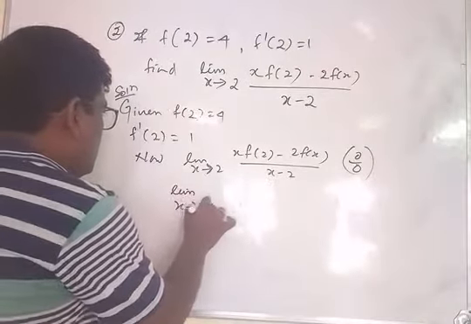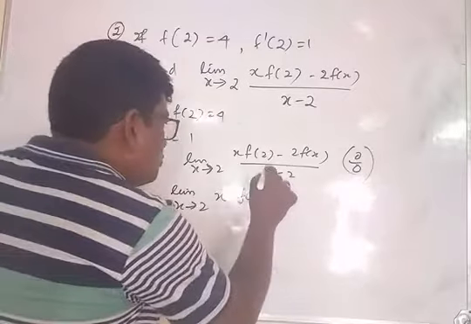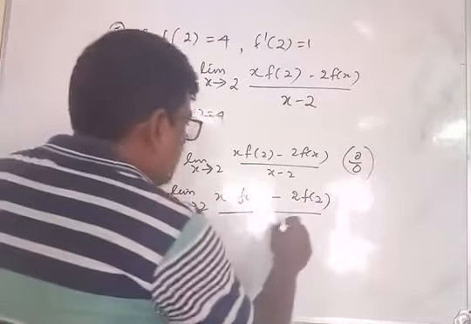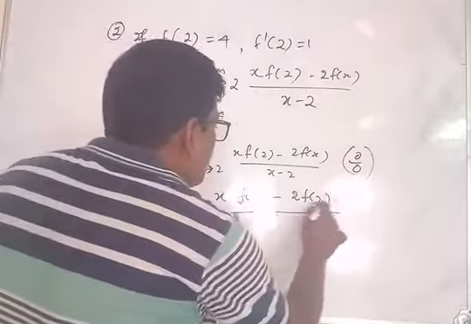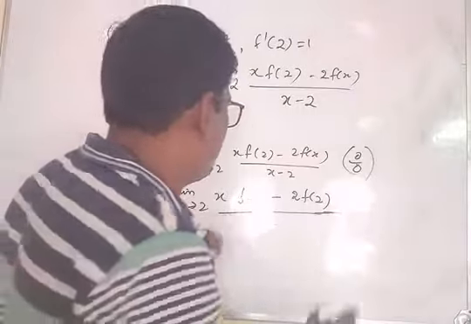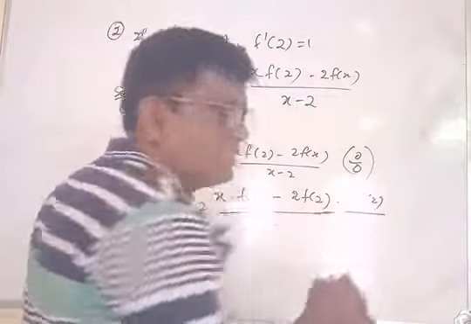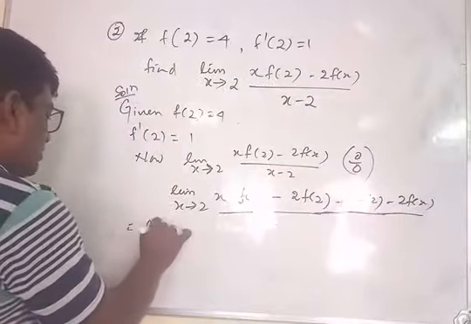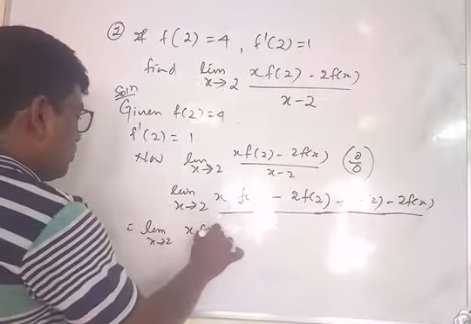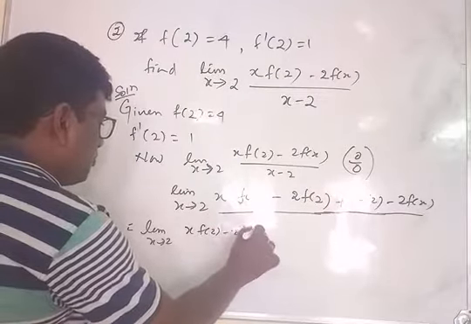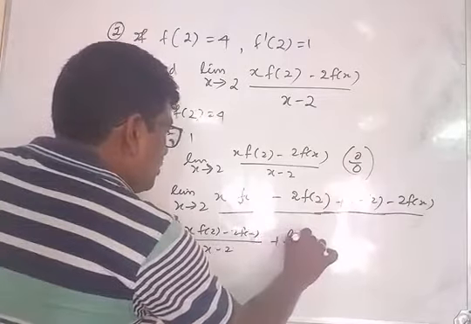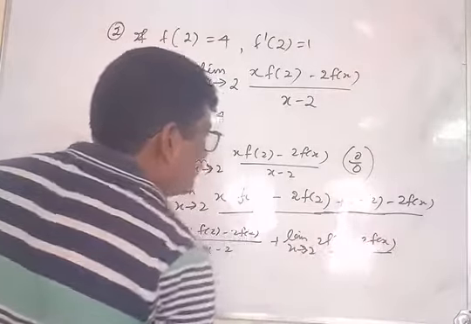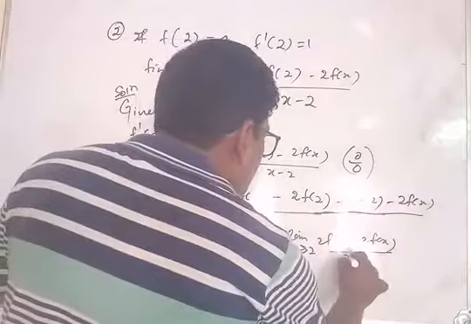Limit x tends to 2 of x f(2) minus 2 f(2), so f(2) can be common and x − 2 can be cancelled, plus 2 f(2) to balance the term, and minus 2 f(x), divided by x − 2. This can be written as limit x tends to 2 of (x f(2) − 2 f(2)) divided by (x − 2), plus limit x tends to 2 of (2 f(2) − 2 f(x)) divided by (x − 2).